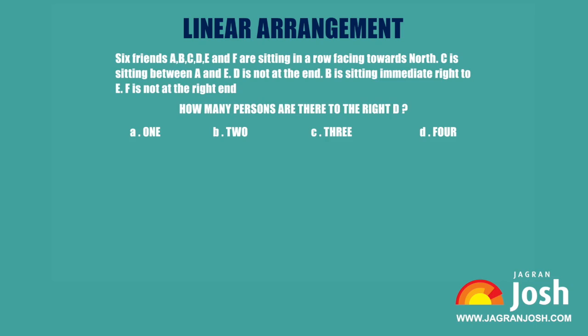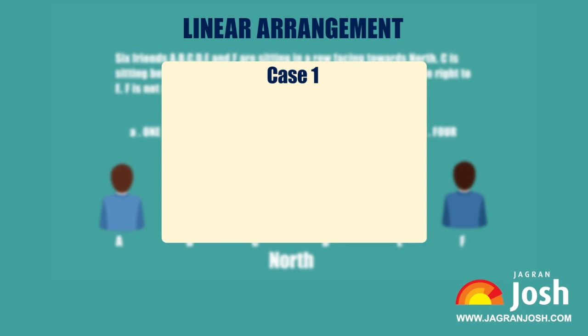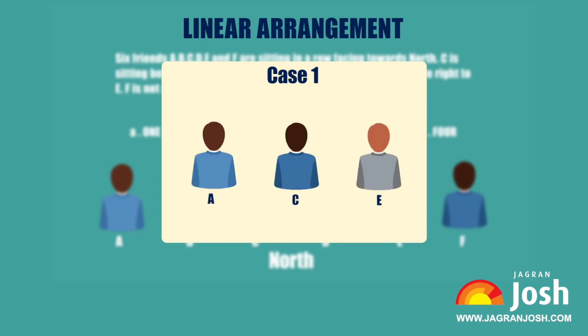Solution. In the above example, all the people are facing north. We can have the following seating arrangement. As C is sitting between A and E, they will be sitting in the following manner. Case 1. A, C, E. Case 2.